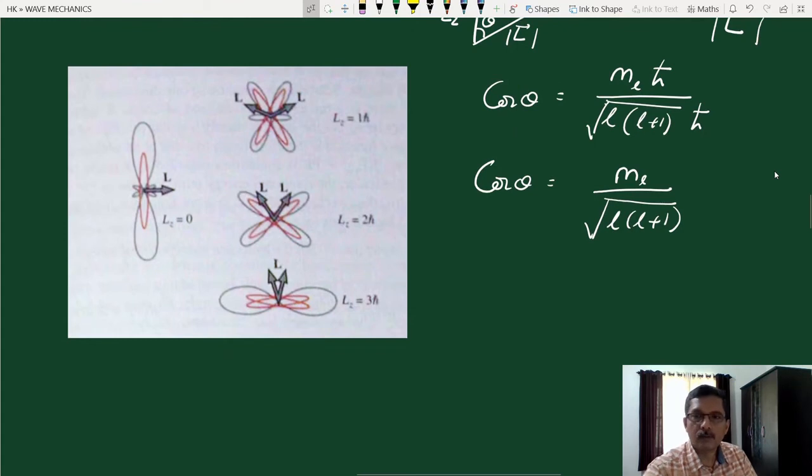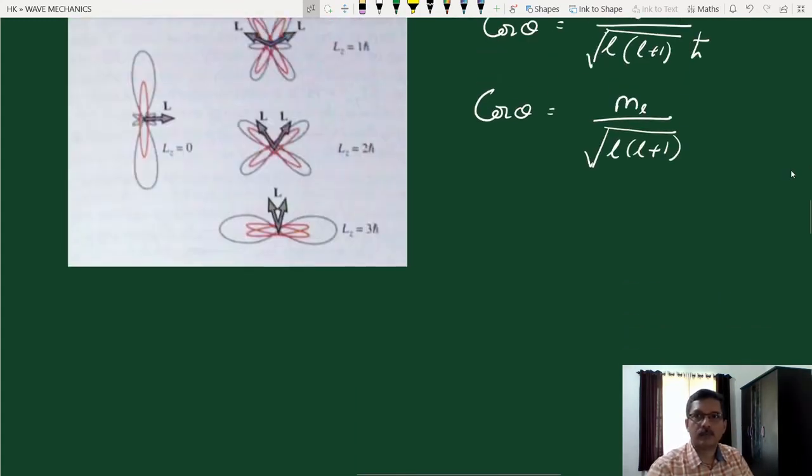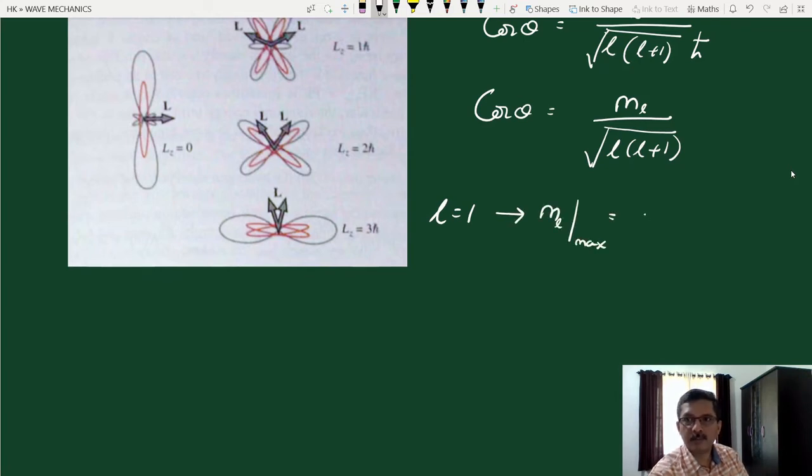Okay, so we will do here for L equal to 1. ml has maximum value. ml maximum is equal to 1 again, right? So what is cos theta here?